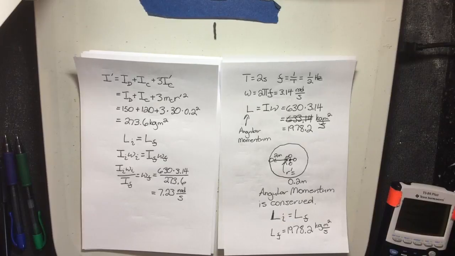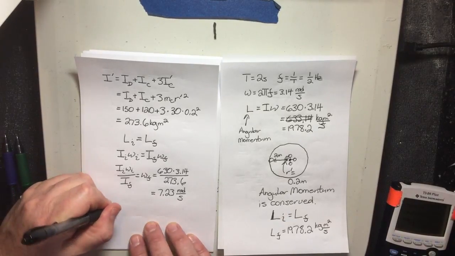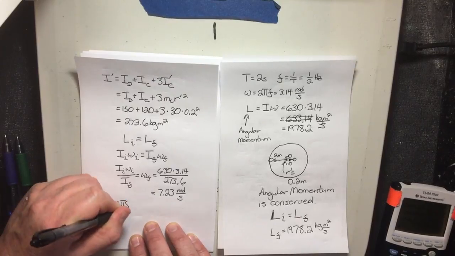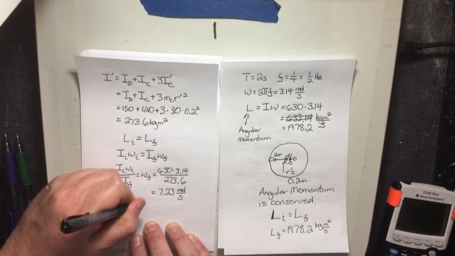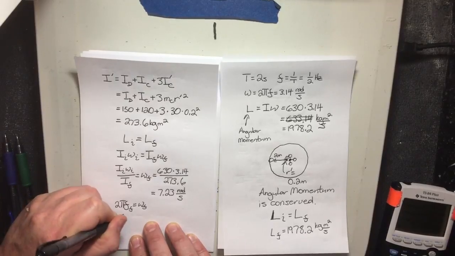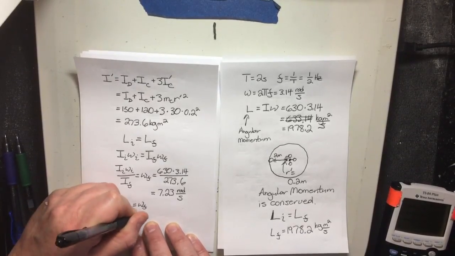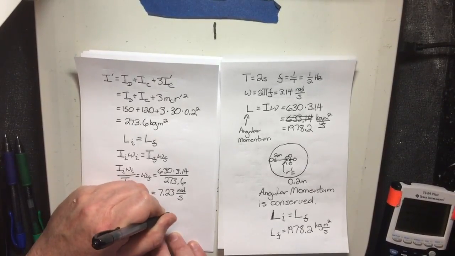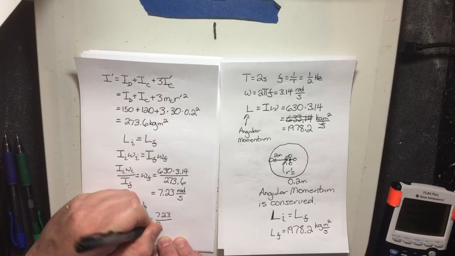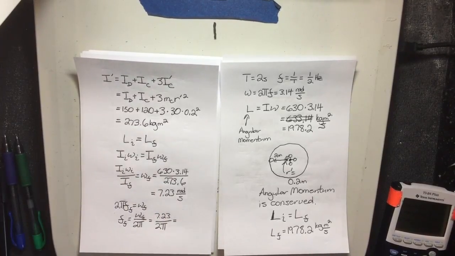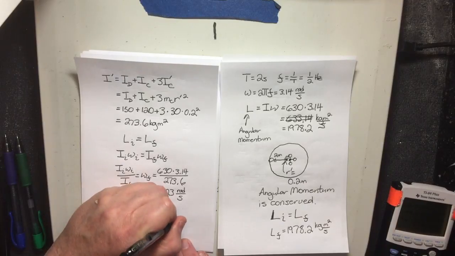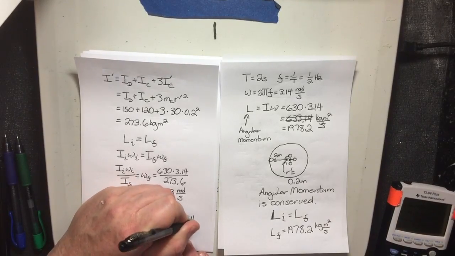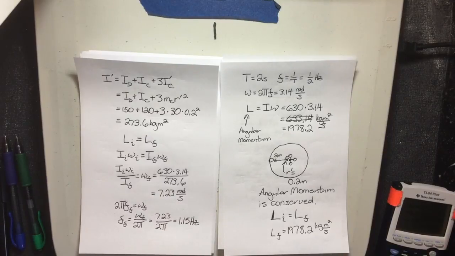Well, what's the new frequency? What's the new period? 2 pi f final is equal to omega final. So final frequency is omega f divided by 2 pi. So 7.23 divided by 2 pi. 1.15 hertz.